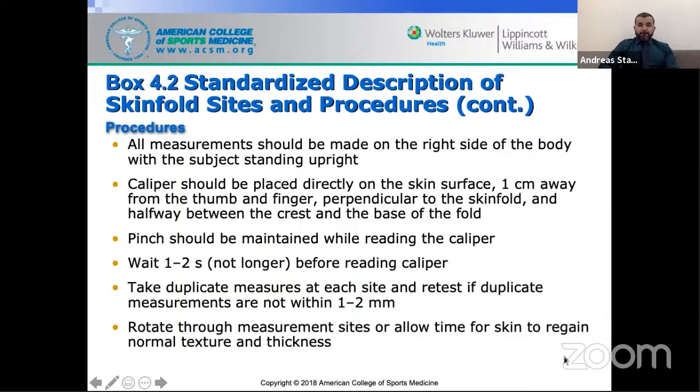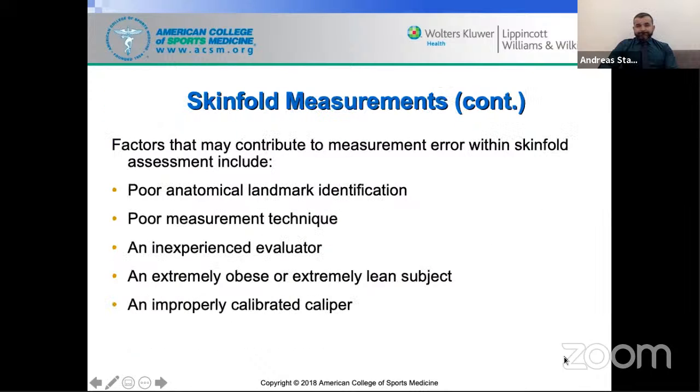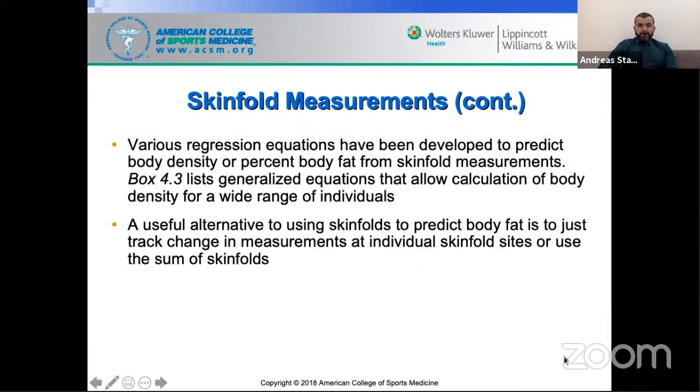If there's a huge difference between two measurements, you have to do it one more time. Factors that could increase the error: calipers are very good in general, but not for people who have really low fat or really high fat.